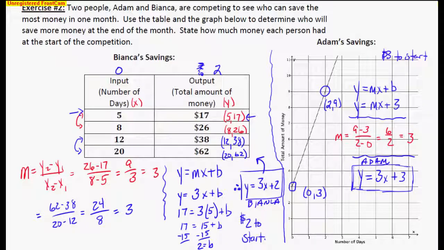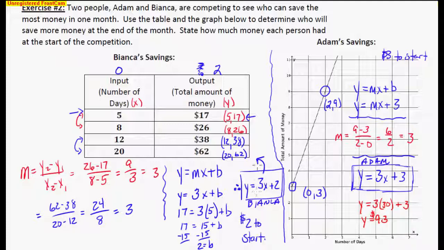And if you want to prove it, well, let's take 30 days. All right, let's take 30 days to be 1 month. I know some months have less, some months have more, so we'll just take 30. And if I plug a 30 in for x, because x is my number of days, if I plug in a 30 here, I get 3 times 30, which is 90. I get $93.